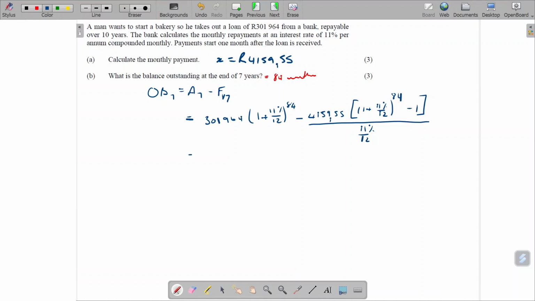Again, that's where all the marks are, in that formula. Only one of the 3 marks is for using the calculator.